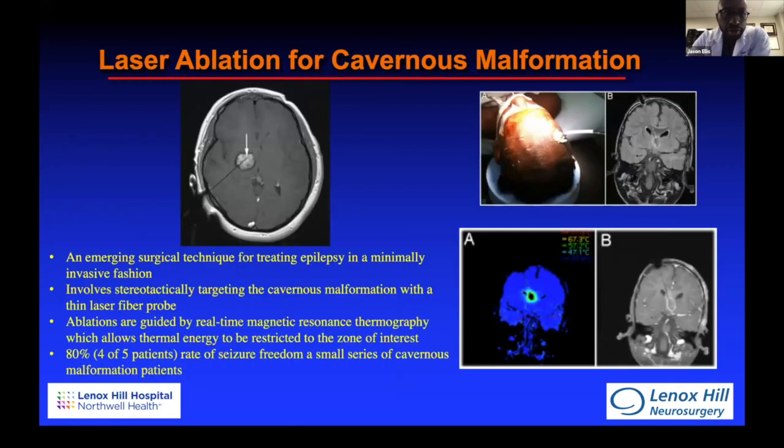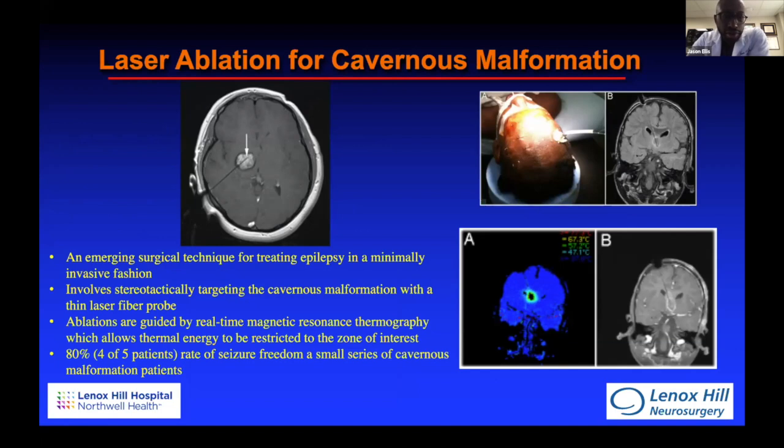There are techniques that we can utilize, such as laser ablation for cavernous malformation. This is really an emerging technique. There have been several papers put out about this recently.